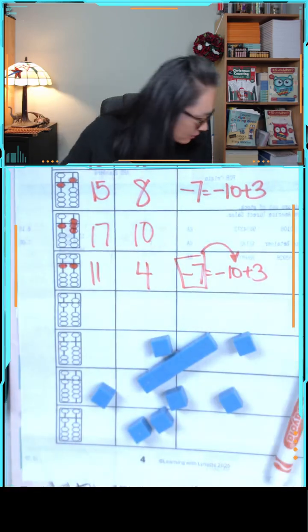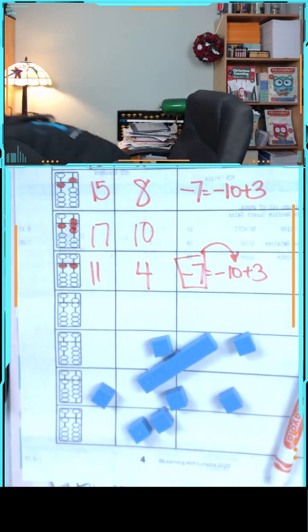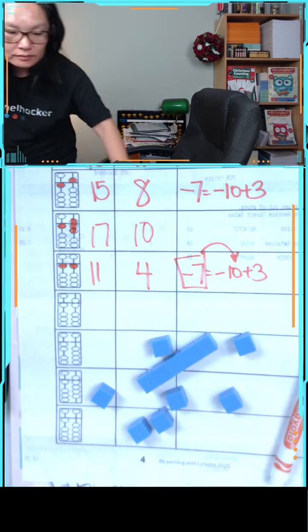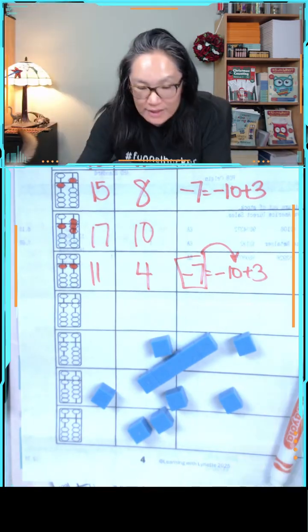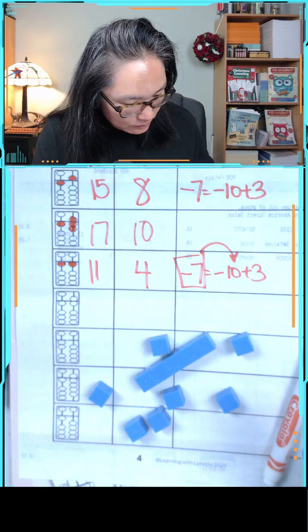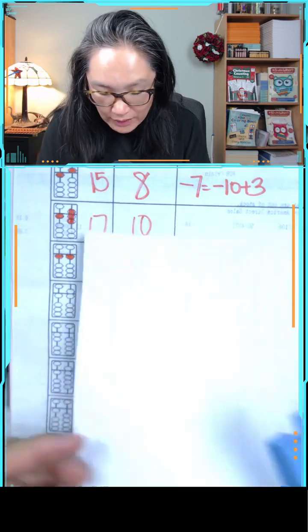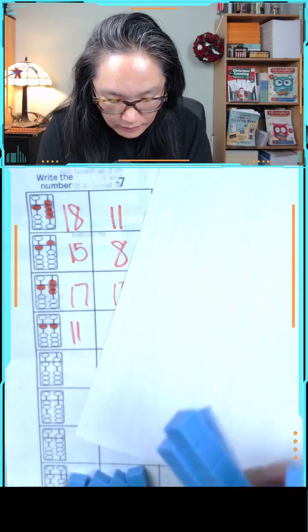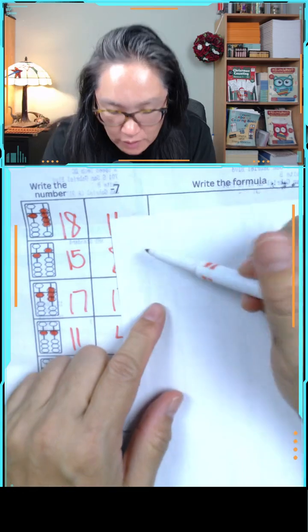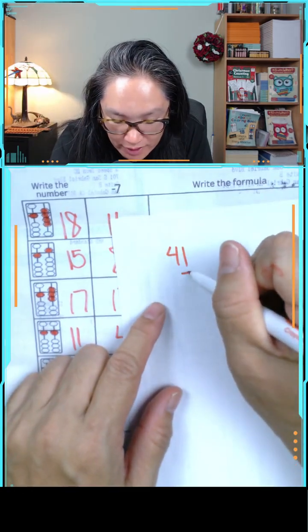I need more bricks. So let's say we had 41. 41 take away 7.